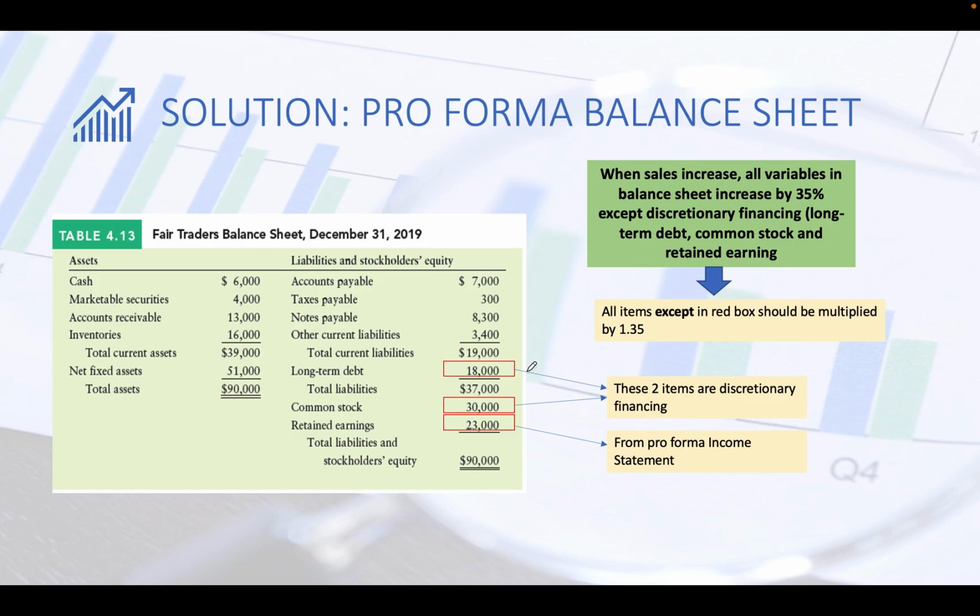Item yang saya merahkan ini, long term debt dan juga common stock, ini shareholders yang buat keputusan. So ini adalah dipanggil discretionary financing. Manakala retained earning pula adalah hasil tambah daripada akaun yang sebelum ini campur dengan net profit pada tahun 2020.